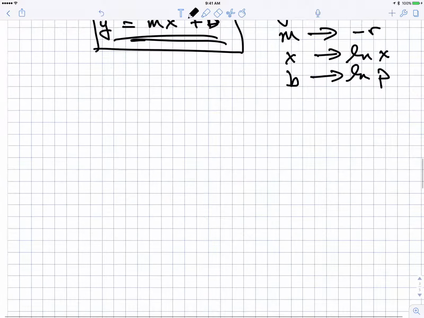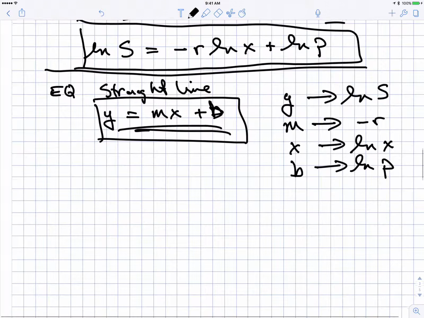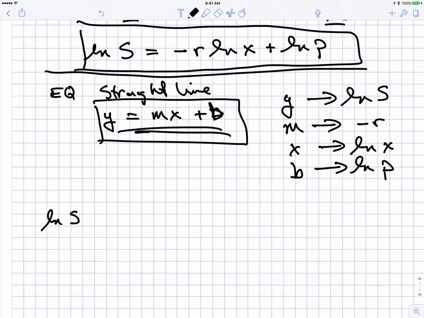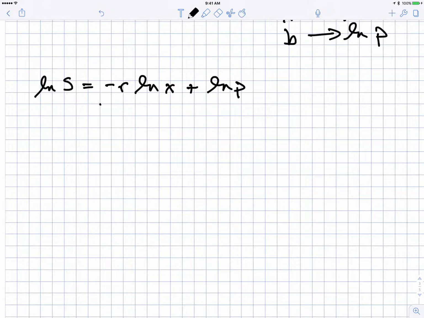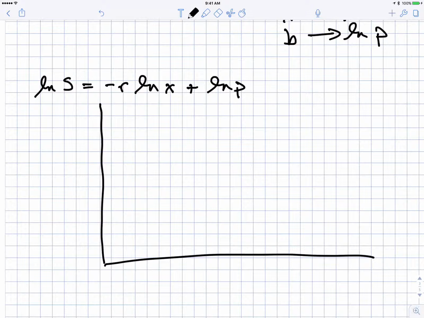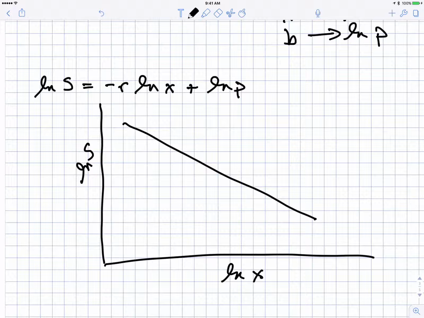So for example, I can take this equation, natural log of s equals minus r natural log of x plus natural log of p. And what would that look like on a graph? Well, if I make a graph, I call this axis natural log of s. That would be the same as what normally would be our y-axis. And this, the natural log of x. Then we would have a line like this.